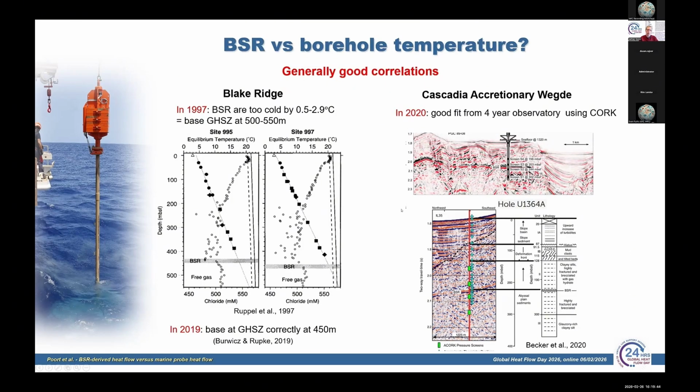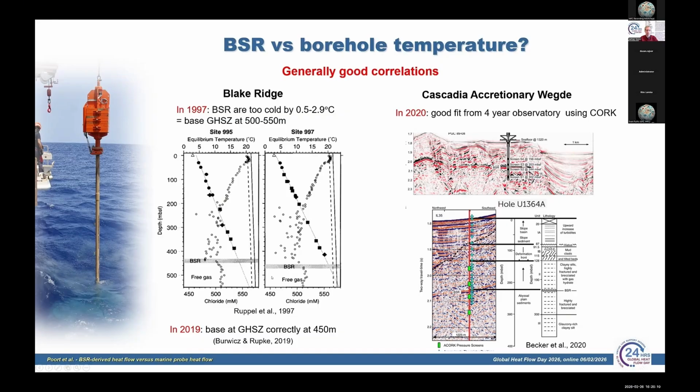So is this confirmed by data, by measurements in situ? There have been some IODP and ODP boreholes made in places where BSRs have been observed. In the beginning, there were some publications that mentioned anomalously cold BSRs, like this publication from 2007 from Ruppel.